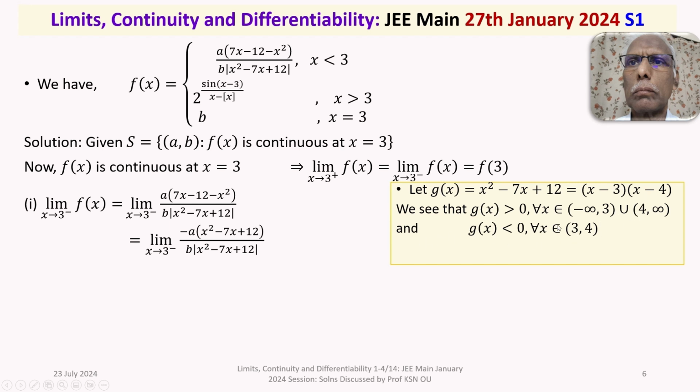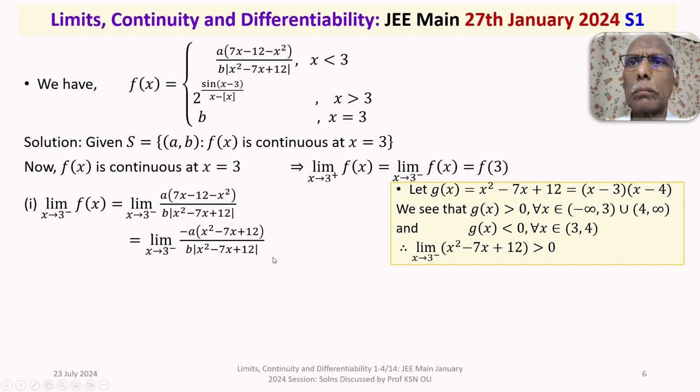Now, as x tends to 3 minus, what will be g of x? It is positive. From the left, if x is tending to 3, g of x, that is x square minus 7x plus 12, is positive. So the mod of x square minus 7x plus 12 as x tends to 3 minus is positive.